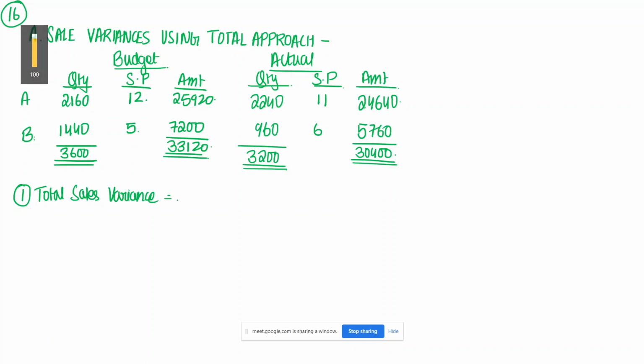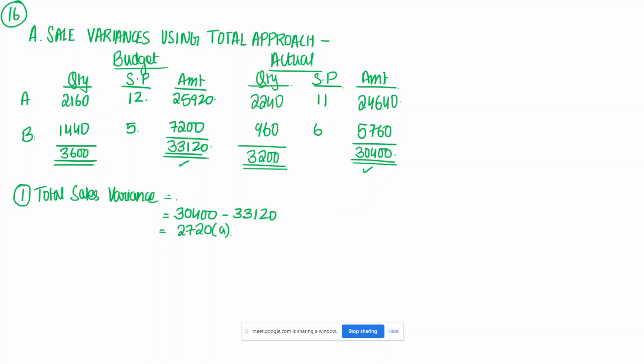Yes, total sale variances. Now tell me, you were planning to sell this much, you sold this much. Good or bad? Bad. That means you should have a negative variance. 30,400 minus 33,120 is equal to 2,720 adverse.